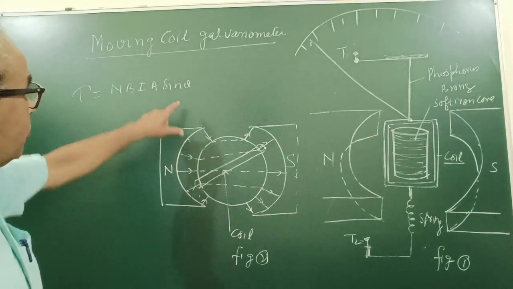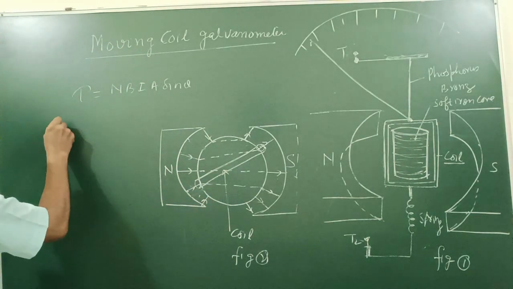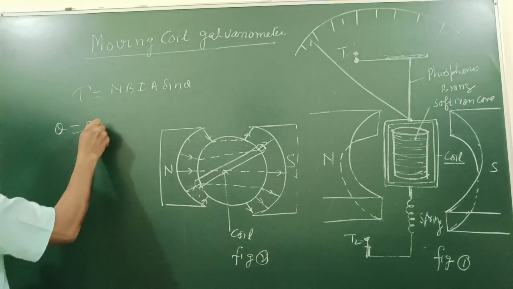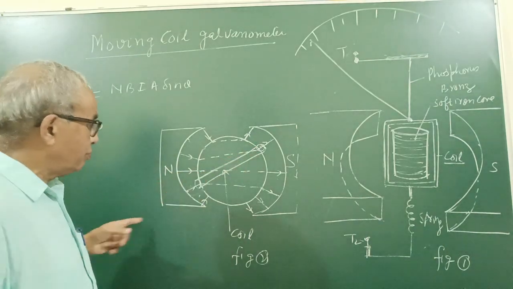To avoid that situation, we make theta always 90 degrees, meaning the plane of the loop remains parallel to the field lines.